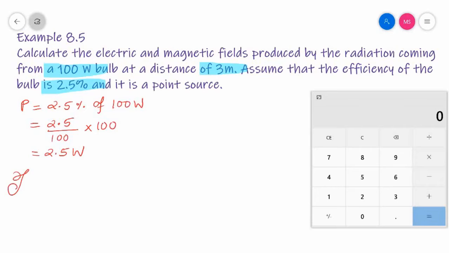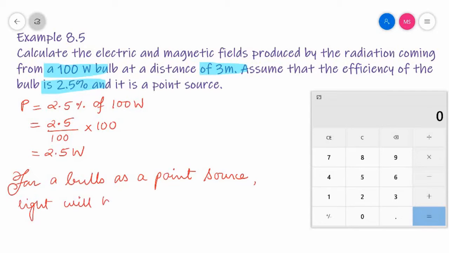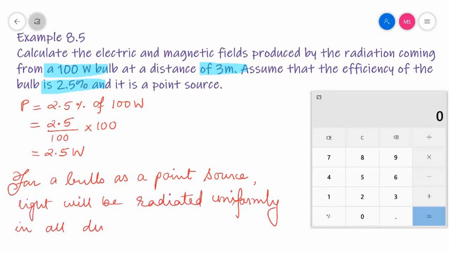So for a bulb as a point source, it will radiate light uniformly in all directions.